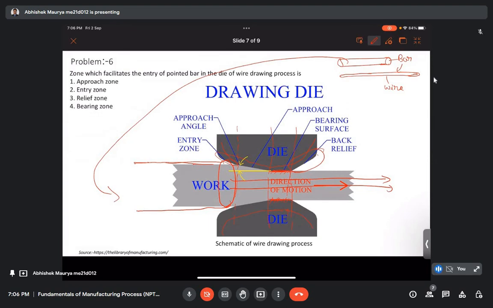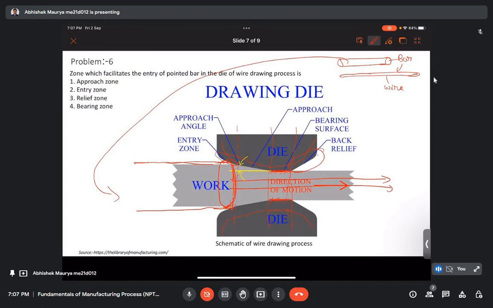If we don't do anything and we directly put the bar inside the die, then it will get stuck at the entry zone itself, because it will not be able to align in the die, and it will hit the die and get stuck. Therefore we cannot directly use this bar.